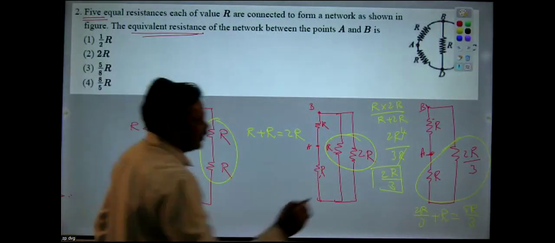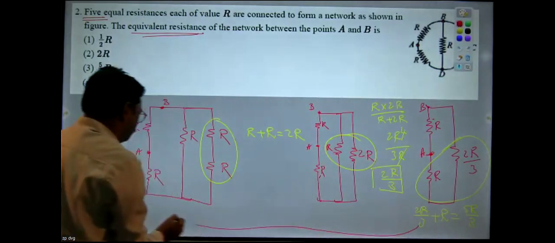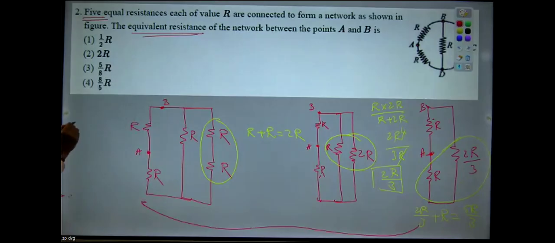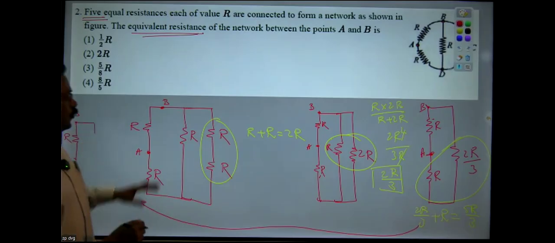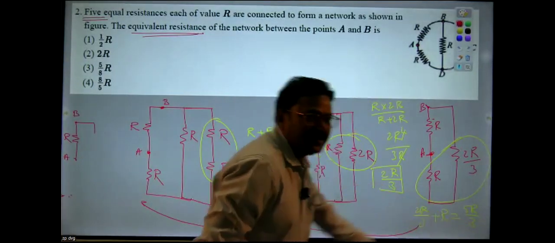Let me write the last diagram here. Look here. The last diagram is this. This is our point B and here is our point A. Okay. Between A and B there is R resistance. The equivalent resistance that we have found for all the remaining resistances is equal to 5R by 3.